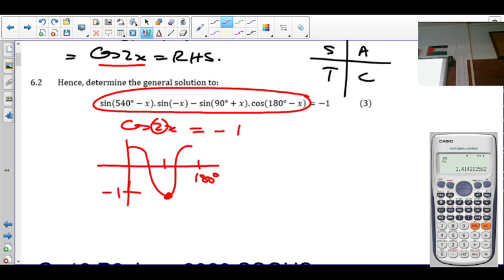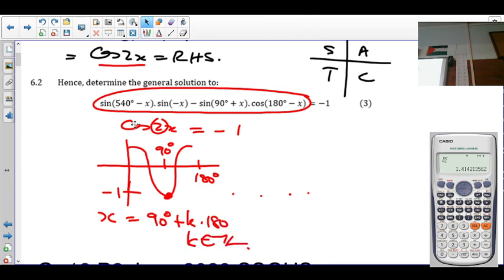What's the value here? 90 degrees. Okay. And this is happening every how many degrees? 180 degrees. Can you see that? So here we say that x is equal to 90 degrees plus k times 180, where k is an element of integers. That's one way of looking at it.